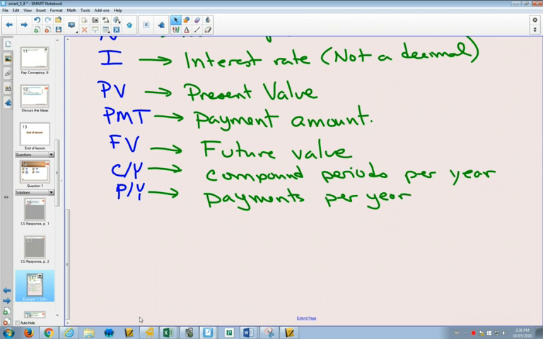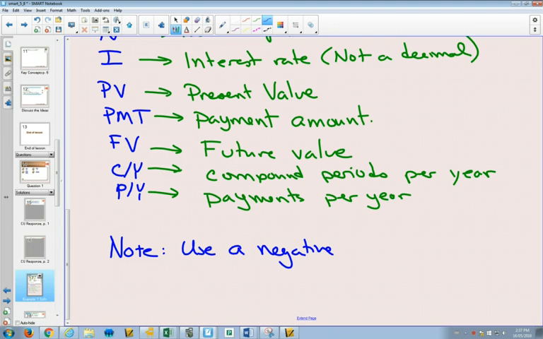So now what we're going to do is use this exact same example that we did and put it into this program to get the exact same answer. Okay? Special note about negatives. We're going to use a negative value anytime that you give away your money to somewhere else.